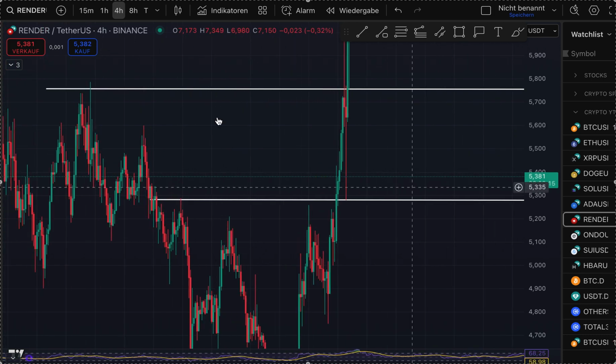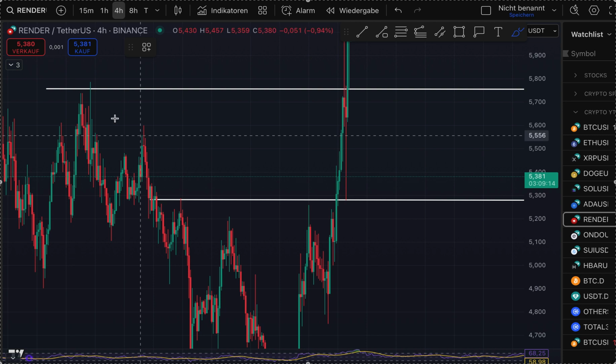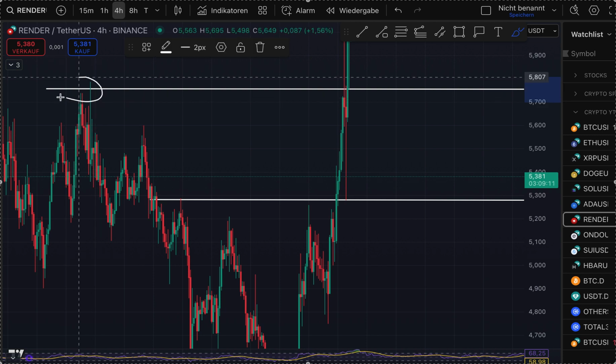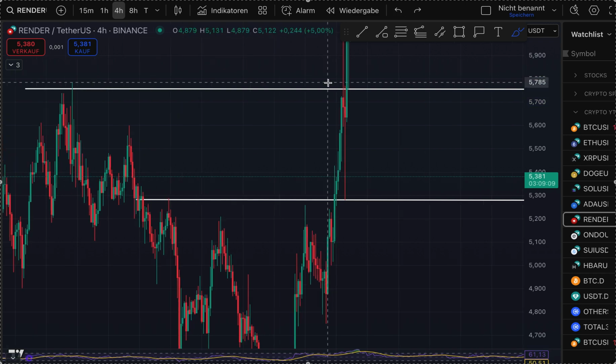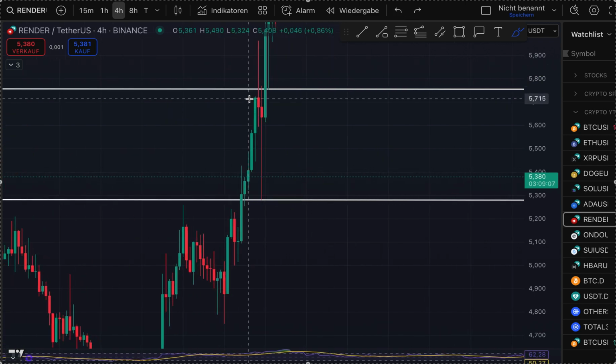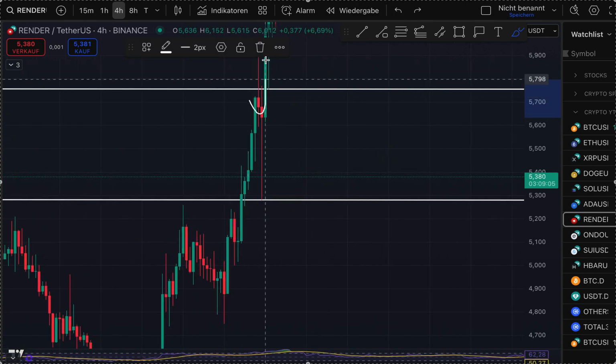So in that area you can see here we got rejected twice. Here we got the breakout and the retest and then the follow through. We also got rejected here.